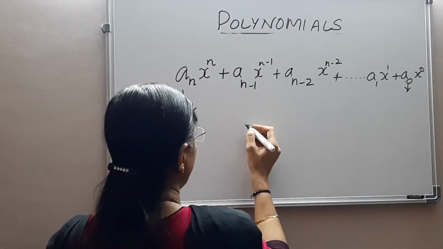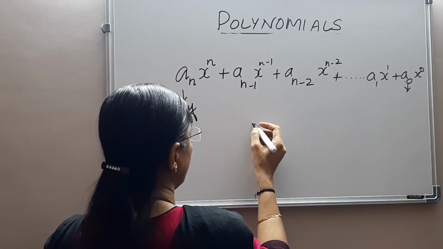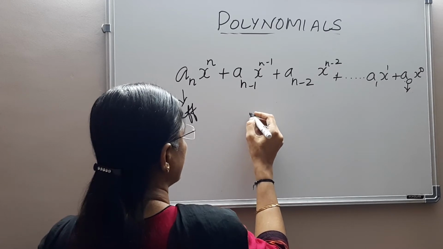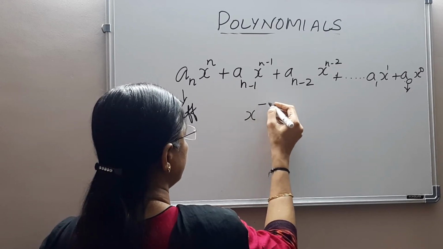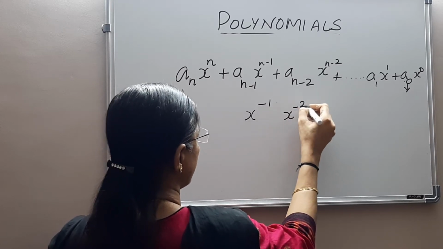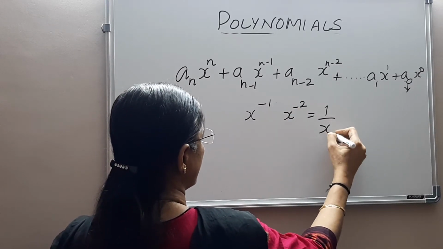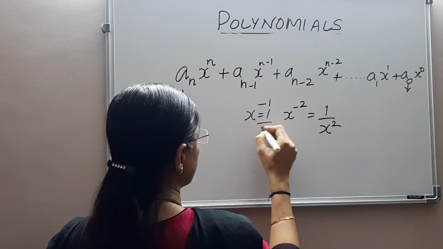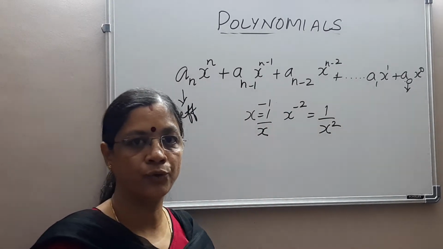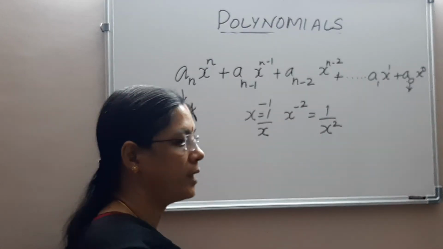And in the polynomial, the variable should not have negative numbers in the index. That is, it should not have x power minus 1 or x power minus 2. X power minus 2 is equal to 1 by x squared, and x power minus 1 is equal to 1 by x. So the variables should not occur as 1 by x and 1 by x squared.